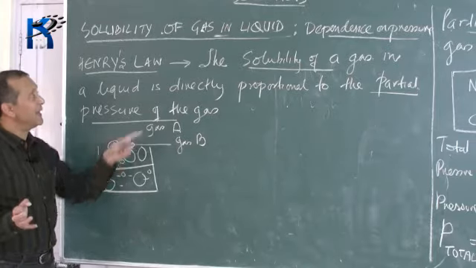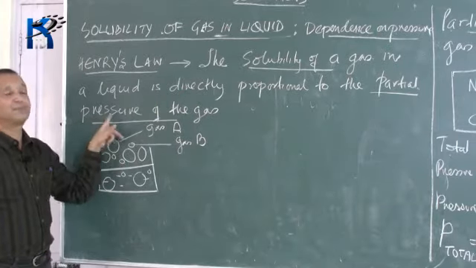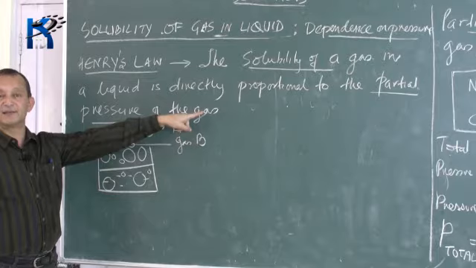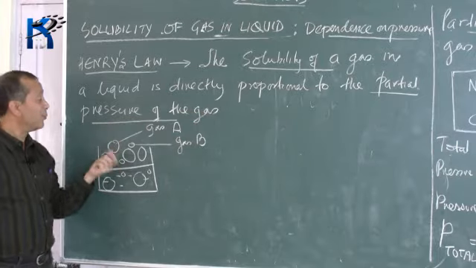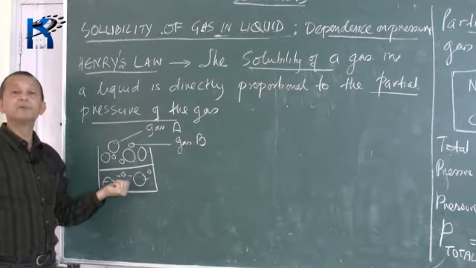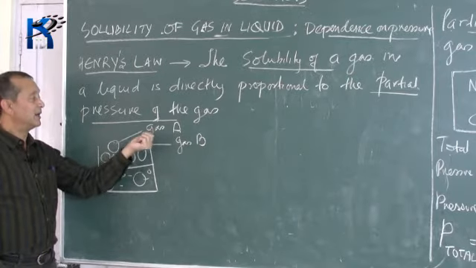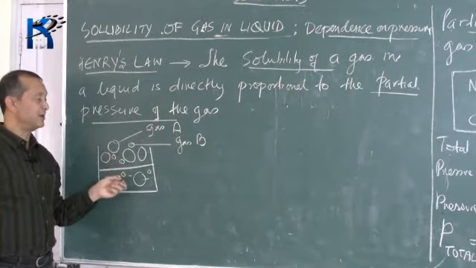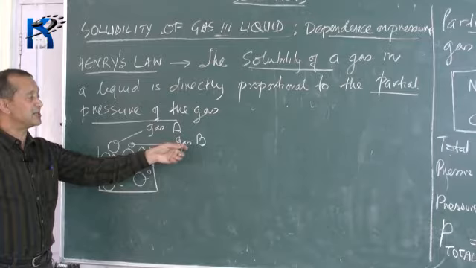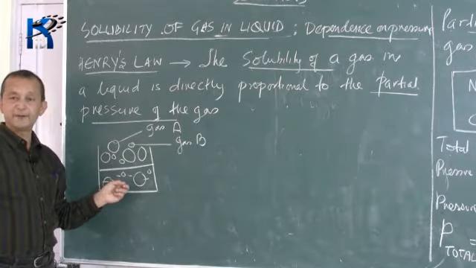That solubility is proportional to the partial pressure of the gas. The more the partial pressure, the more will be the solubility. So, the more partial pressure of A, the more will be the solubility of A. The more the partial pressure of B, the more will be the solubility of B.